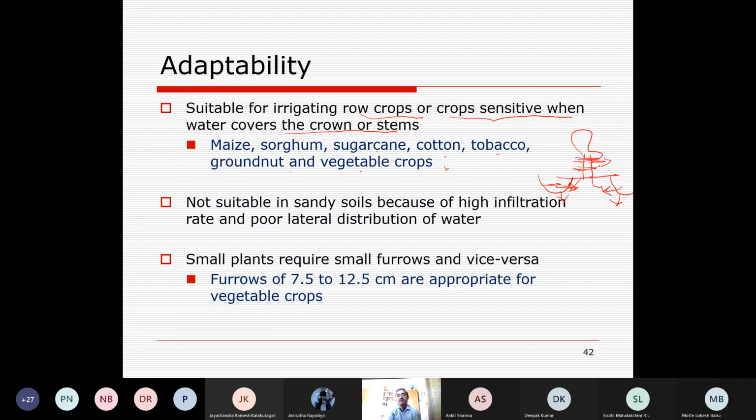It is not suitable in sandy soils, because infiltration is very high and lateral distribution is poor. You can see the characteristics of water movement in different soils. If it is a sandy soil, water will go directly in this direction.